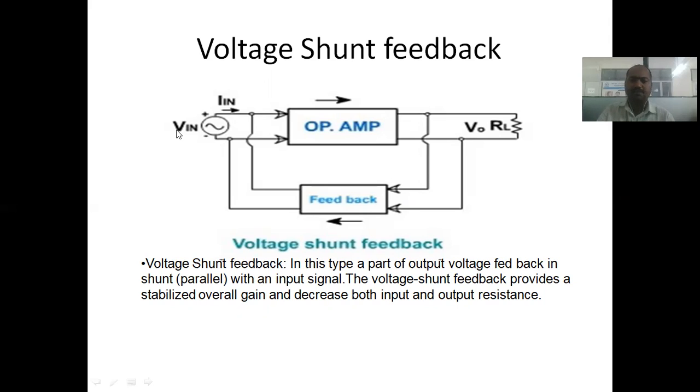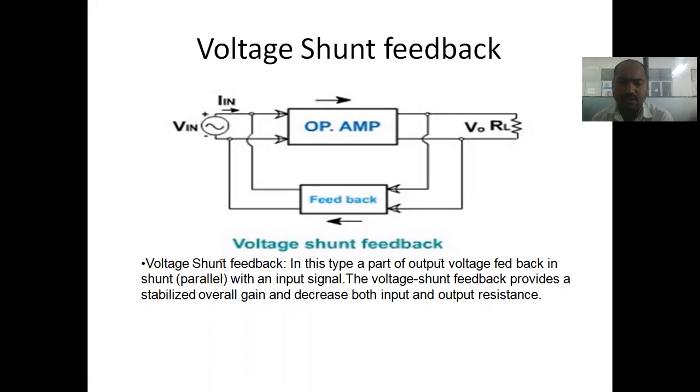In that case, that type of feedback is called voltage shunt feedback. So in this case, both are voltage, means your output is also voltage, your input is also voltage, right? So in case of voltage shunt feedback, both input voltage and output voltage are in voltage form, right? So in case of this type of feedback, the output is mixed with respect to your input in a shunt.